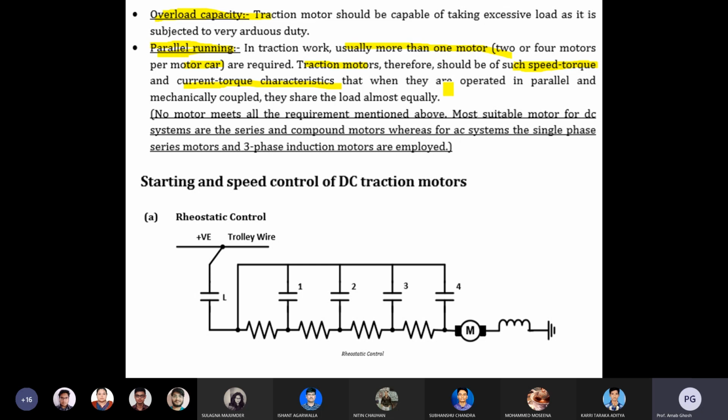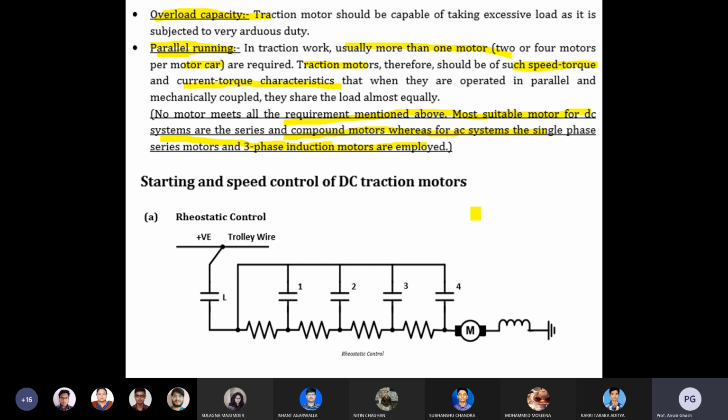Based on the load being almost equal, the chances of unbalancing are less. These are all very important things. No single motor meets all the requirements mentioned above. The most suitable motors for DC systems are series and compound motors, whereas for AC systems single-phase series and three-phase motors are also employed. These are all very basic patterns.